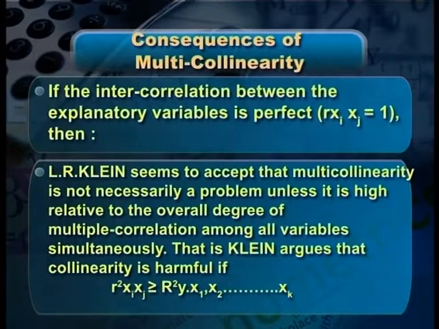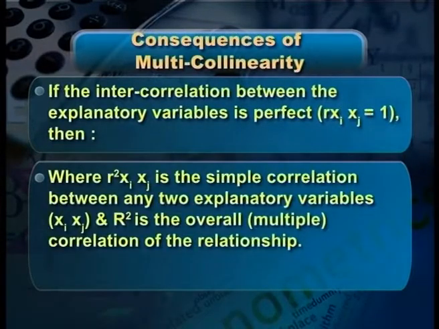To Klein, multicollinearity is harmful if r square xi xj is greater than or equal to R square y x1 x2 up to xk, where r square xi xj is the simple correlation between any two explanatory variables, that is xi xj, whereas capital R square is the overall or multiple correlation of the relationship.